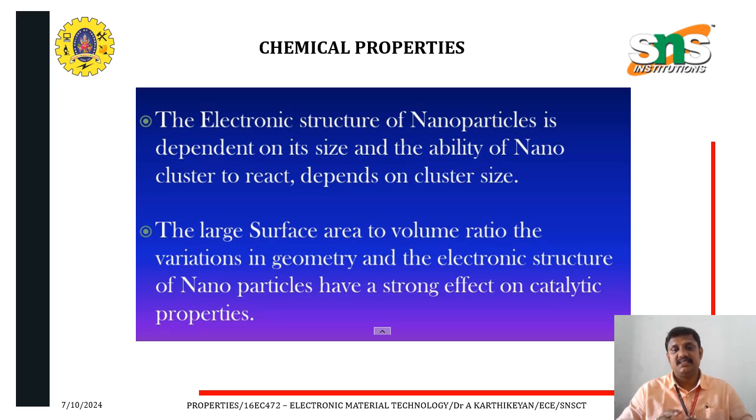So the cluster size also plays a major role in the chemical properties, and the large surface area to volume ratio and the variations in the geometry and the electronic structure of the nanoparticles have a strong effect, and catalytic properties also change.